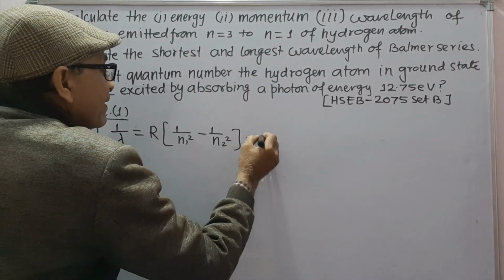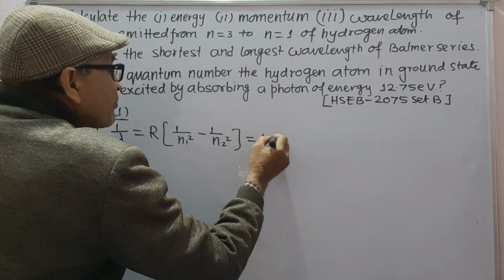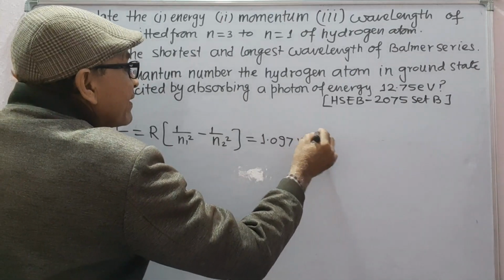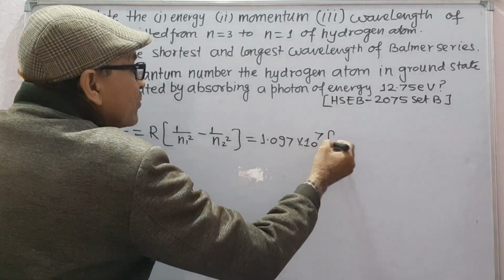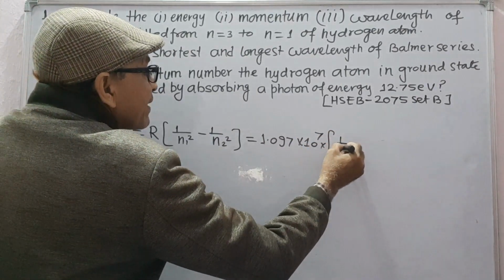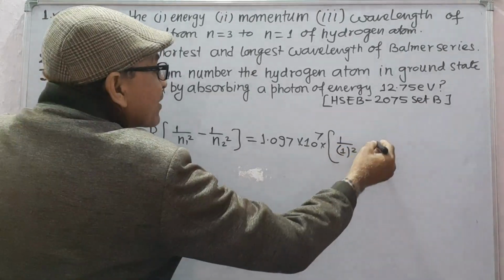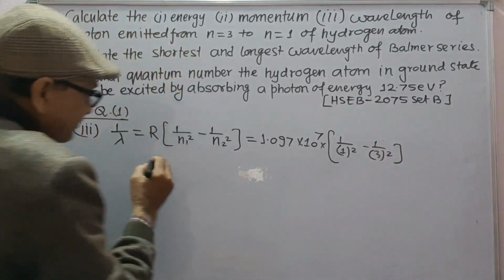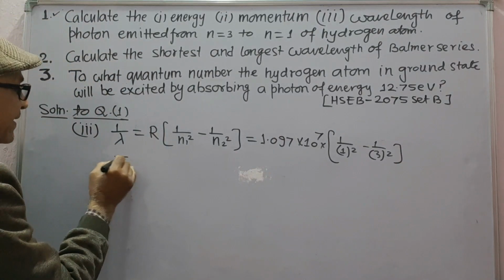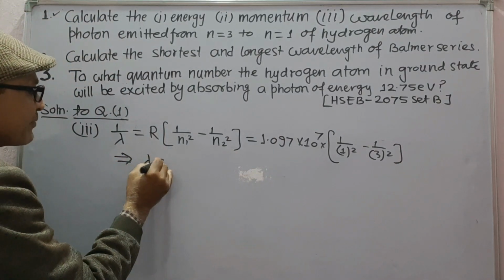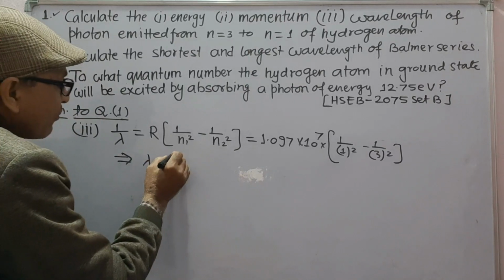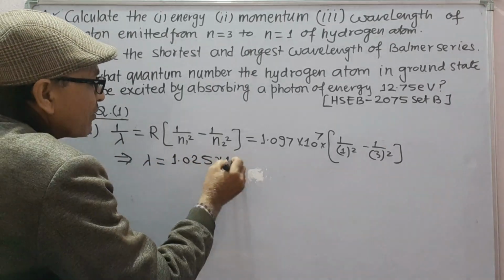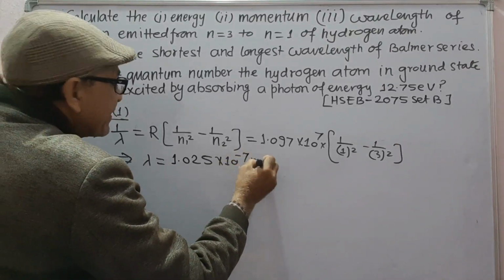So this is 1.097 into 10 to power 7 into 1 upon 1 square minus 1 upon 3 square. On simplification, this gives wavelength lambda as 1.025 into 10 to minus 7 meter.